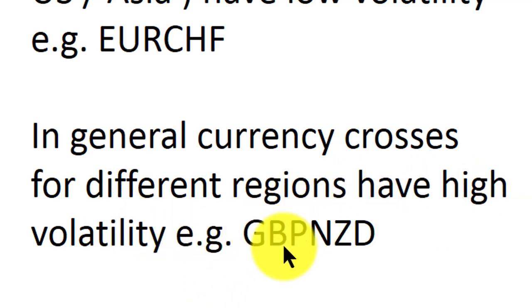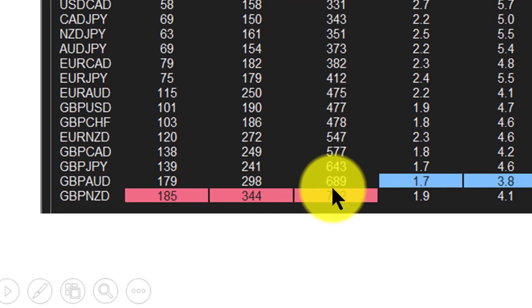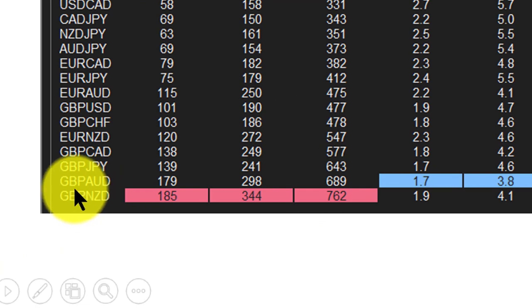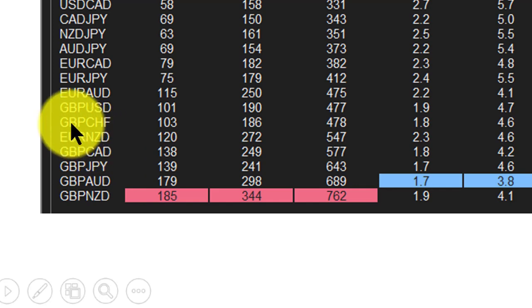So the pound New Zealand: the pound is in Europe, the New Zealand is in Asia, and it has a high volatility. So if we go through there, the pound Oz, that's different region, different region, different region, different region. There's the first one that's in the same region, and then the pound US is in a different region. And the euro Oz is in a different region.